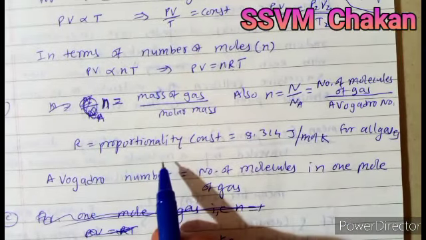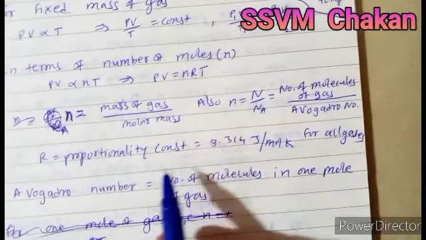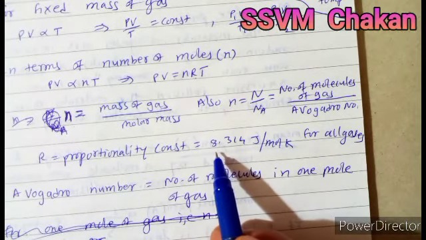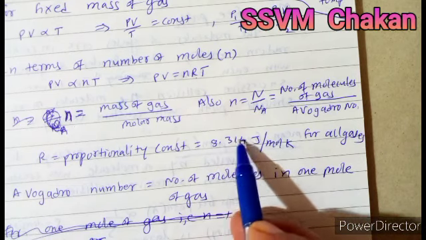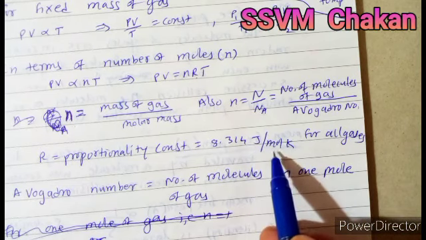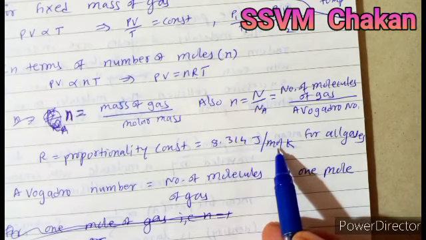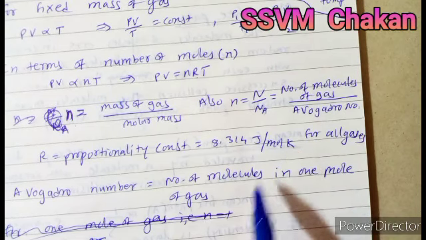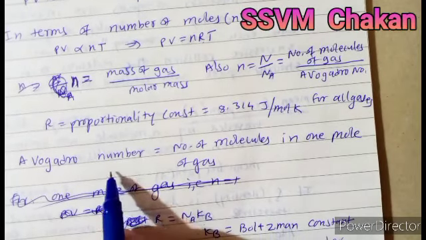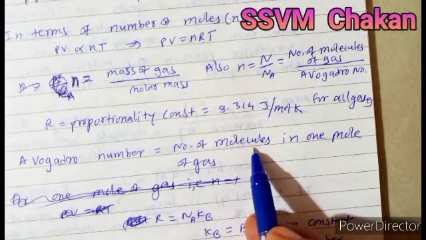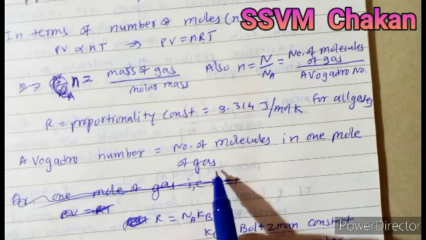R is known as the proportionality constant, or universal gas constant, and its value is the same for all gases, equal to 8.314 joules per mole Kelvin. What is Avogadro's number? Avogadro's number is the number of molecules in 1 mole of gas.